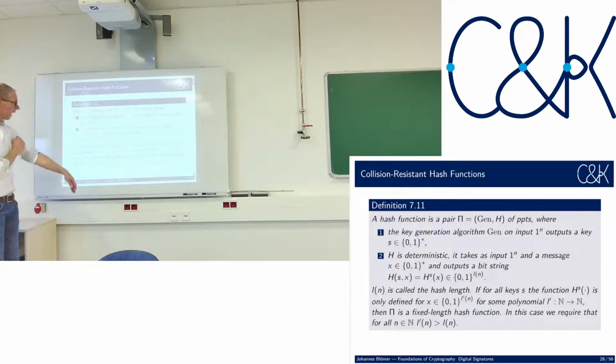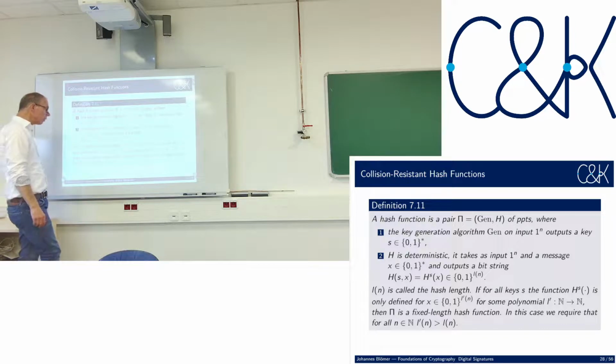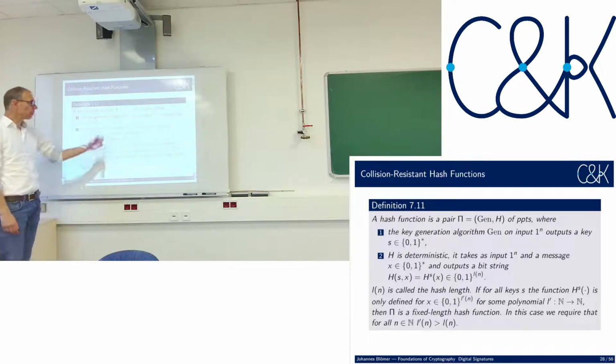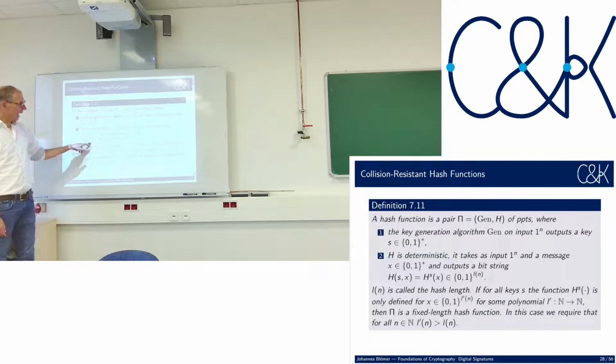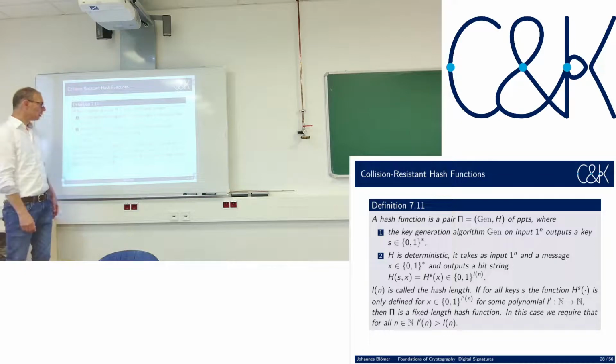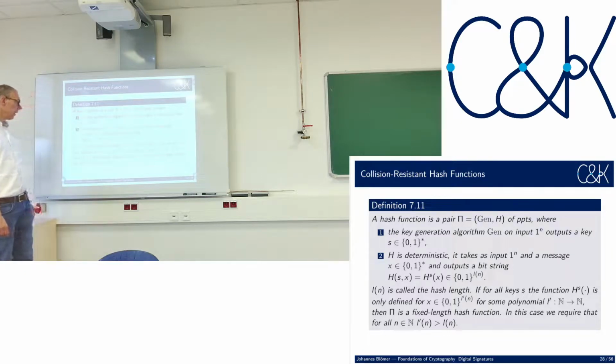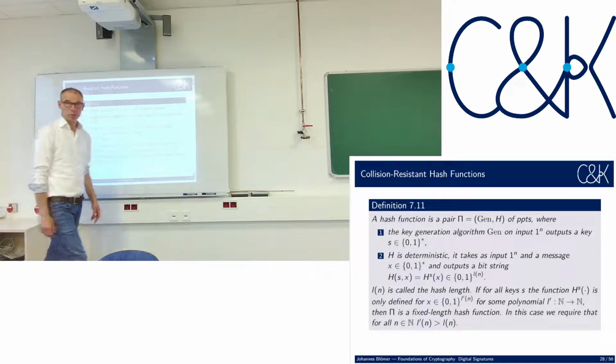The second algorithm, H, is deterministic. It takes as input, as usual, the security parameter, a message from {0,1}*, and outputs a bit string H^s(x), which we also often denote H subscript s of x. This is supposed to be in {0,1}^ℓ(n).